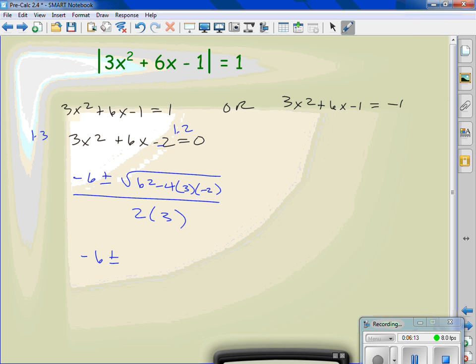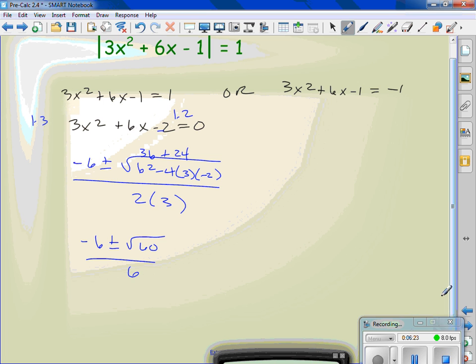So I get negative 6 plus or minus the square root of, that's 36, that's 24, so I get 60. Now I need to simplify my radical. When I think about simplifying my radicals, can I pull out a 4? Can 60 be divided by 4? Yeah. 4 and 15. So negative 6 plus or minus 2 square root of 15.